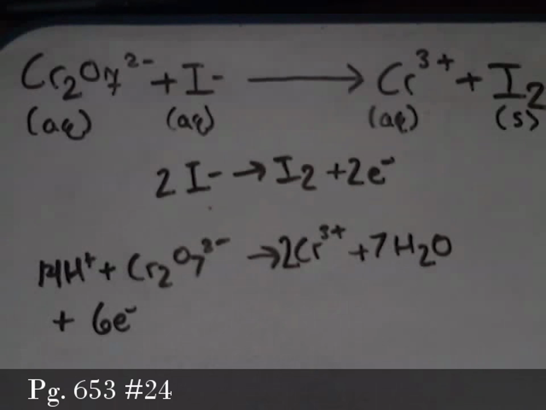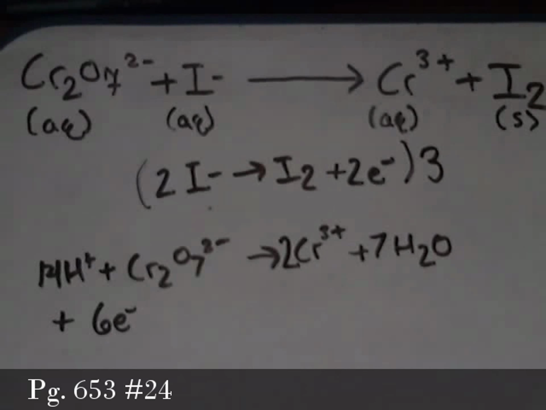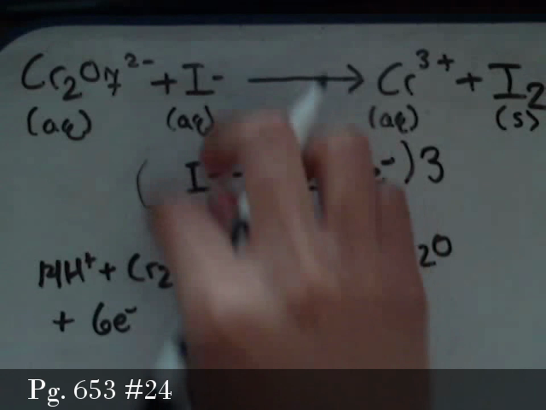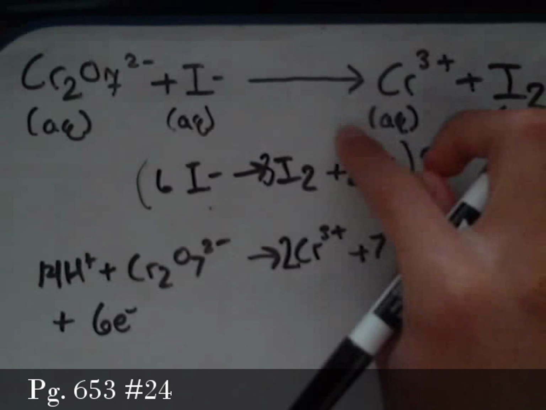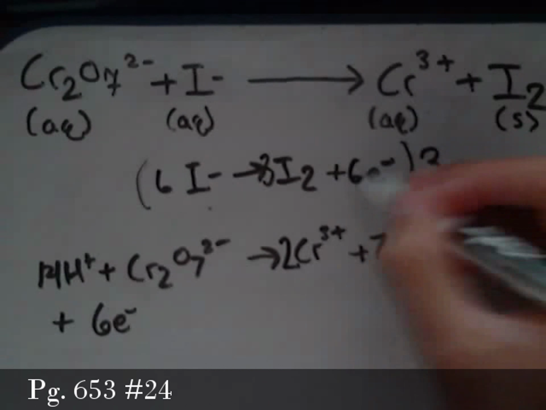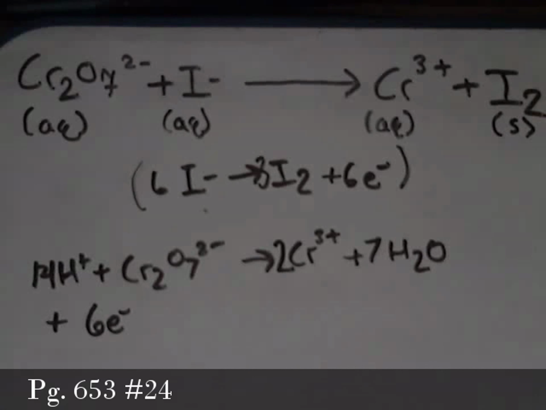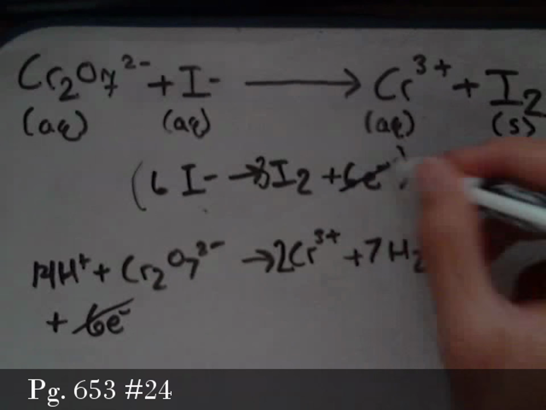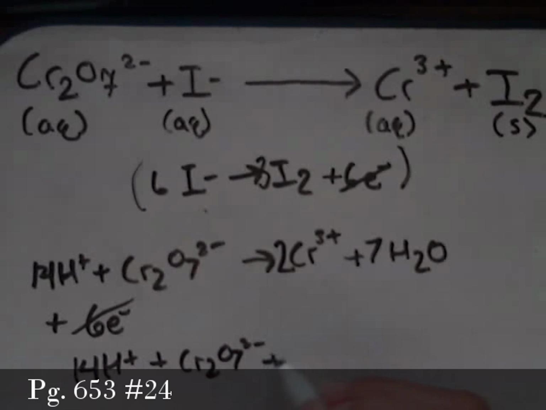Okay, and then we have to multiply this entire thing by 3 in order to get our electrons on the left to match our electrons on the right, because electrons lost must equal electrons gained. So once we've done that, we can cancel our electrons and bring everything down in our completed balanced redox reaction.